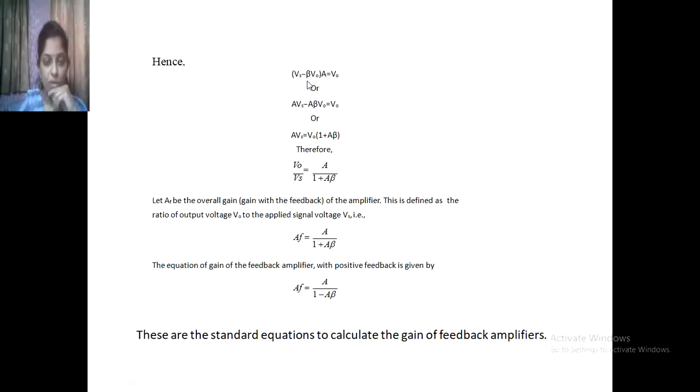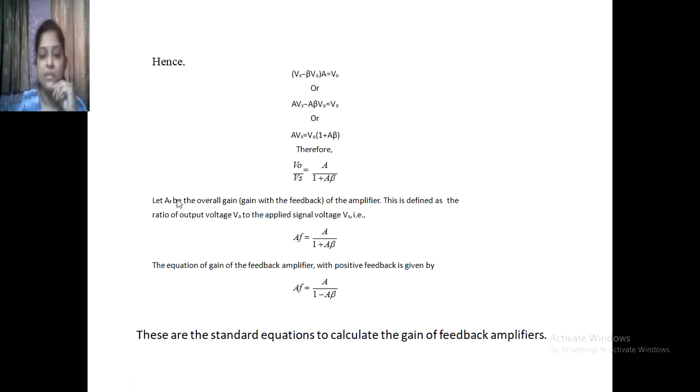So output is given like this: A Vs minus A beta V0 is equal to V0. Take this term as it is here, A Vs, equal to V0, take the same terms to this side and take out the common factor V0. So you will get A Vs is equal to V0 into 1 plus A beta. Therefore V0 divided by Vs is A divided by 1 plus A beta.